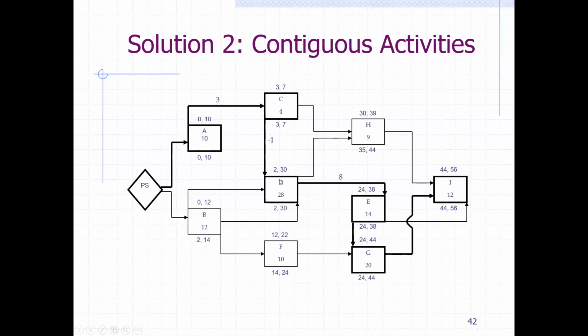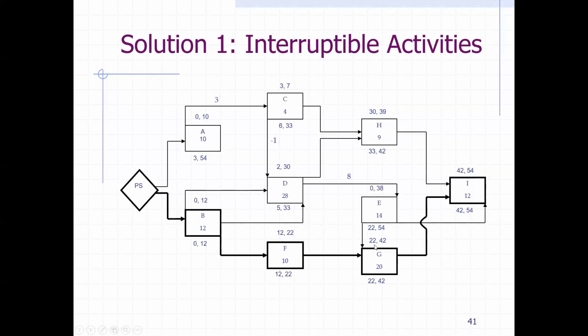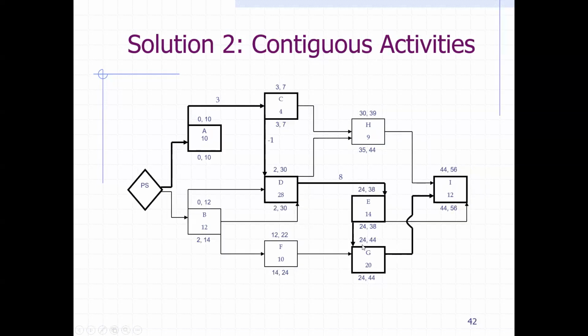Why is it 38? Because the early finish of D is 30 with a lag of 8 is 38. Correct? Then you have a 24, which means G is 24 instead of the previous one, which is 22 here. Here is 24. Then with the duration it's 44.